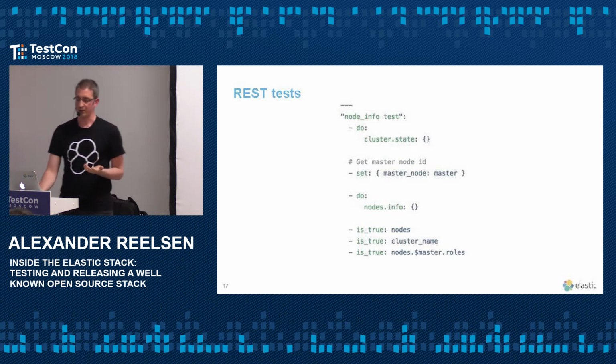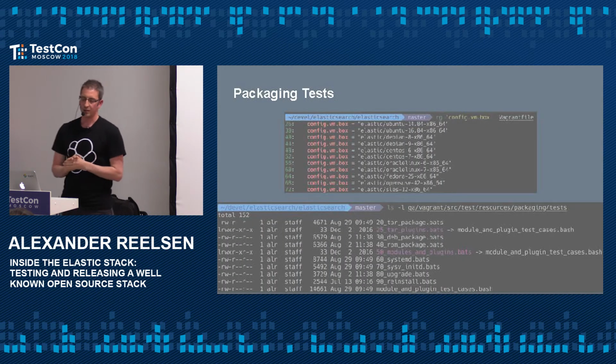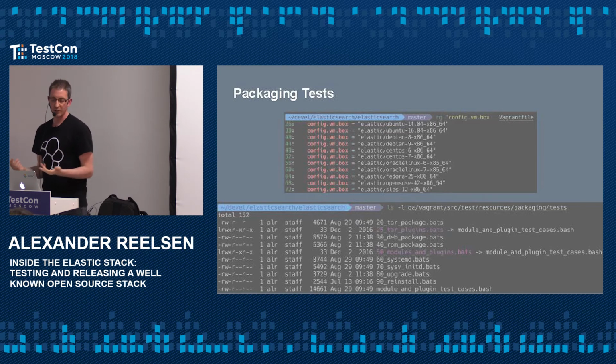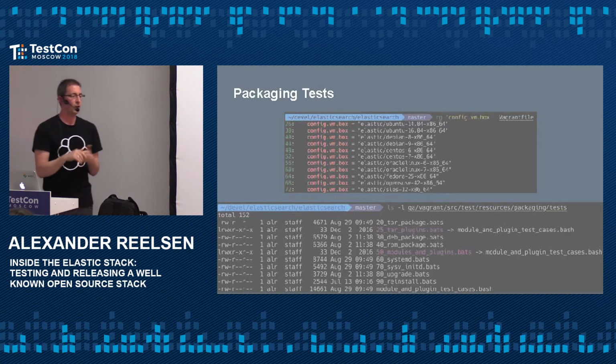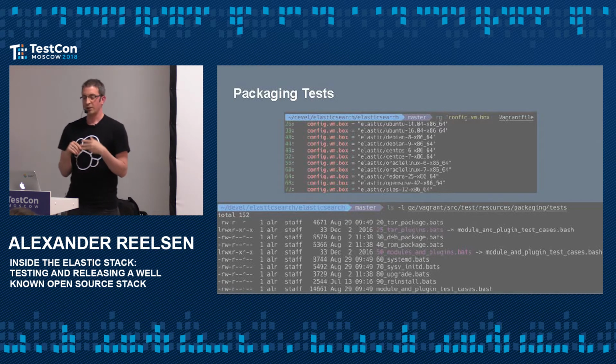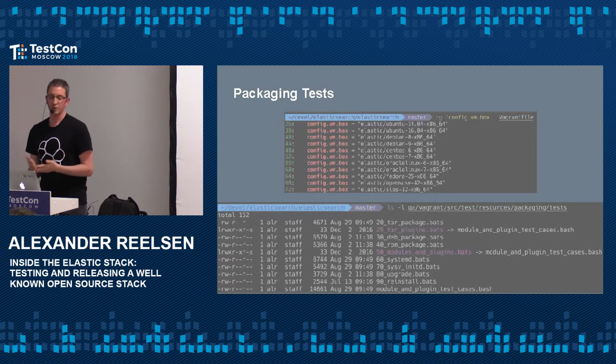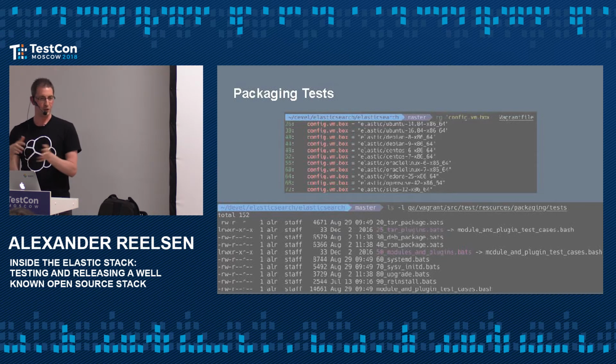So these are REST tests. Then we have packaging tests. We create a couple of artifacts in Elasticsearch. We create a tar.gz file, a zip file, but we also create an RPM and a Debian package. And this RPM and this Debian package need to be tested across a fair share of RPM and Debian-based distributions.